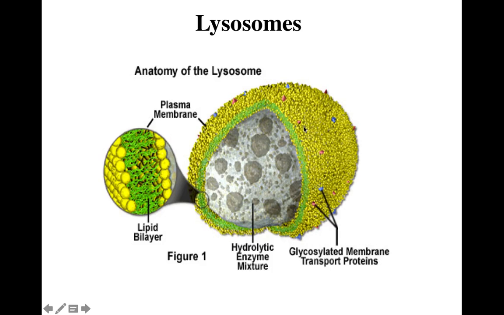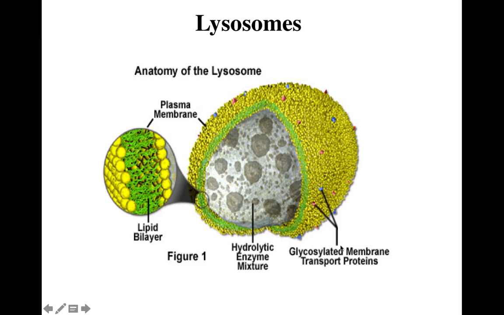Some of them could be involved in extraction of nutrients from the debris or material that the cell has engulfed or absorbed. Some of them could be involved in killing microbes, while others could be involved in recycling or degradation of the older cellular components, while some could be involved in breaking down the debris.